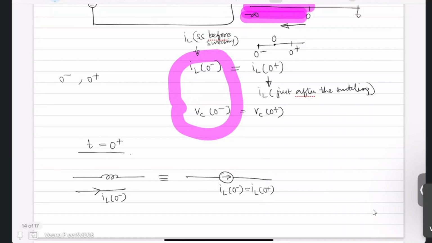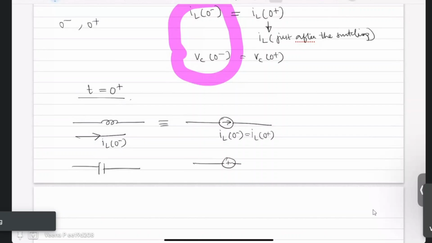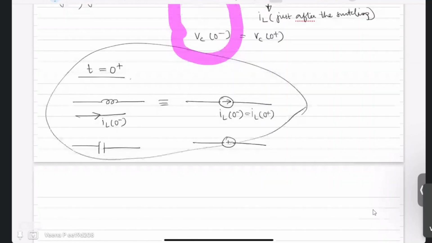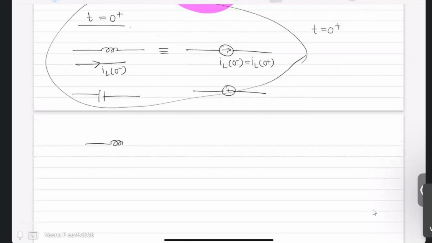Now, in the case of a capacitor, this will become a voltage source. So the polarity of this you should give appropriately depending upon what is given in the question. Now this circuit exists only when t equal to 0 plus. Now after that, you should retain the inductor as it is as well as capacitor as it is. So this is t greater than 0.